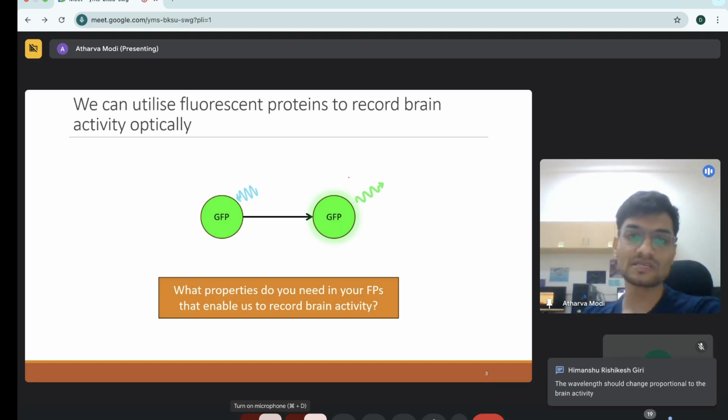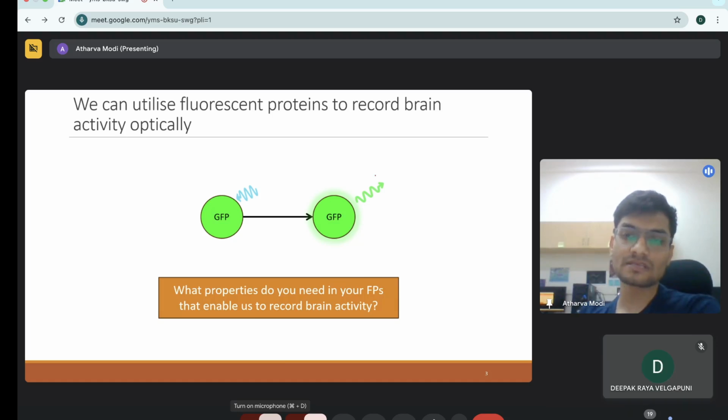So let's say if you want to measure voltage inside the brain region, then the intensity or whatever properties of this output should change based on that particular measurement. So if there is high voltage, this intensity gets high, or if there is low voltage, this intensity gets low, something like that, right?